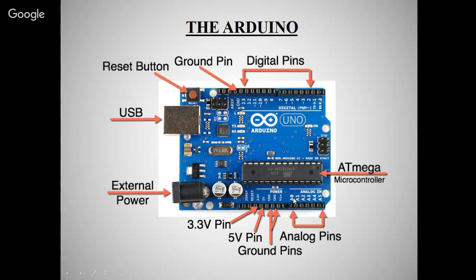From A0 to A1, A2, A3, A4, A5, these 6 pins you have found. These are the analog pins. The output from the LDR sensor is given to the analog pins. They take the signals from the sensors. You can take 6 analog signals simultaneously from the analog pins, from sensors like LDR, IR sensors, potentiometers.